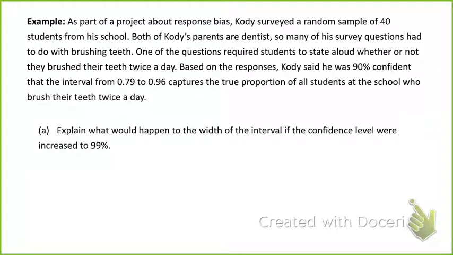Based on the responses, Cody said that he was 90% confident that the interval from 0.79 to 0.96 captures the true proportion of all students at the school who brush their teeth twice a day. What would happen to the width of the interval if the confidence level were increased to 99%? Would the interval get wider, narrower, or stay the same?